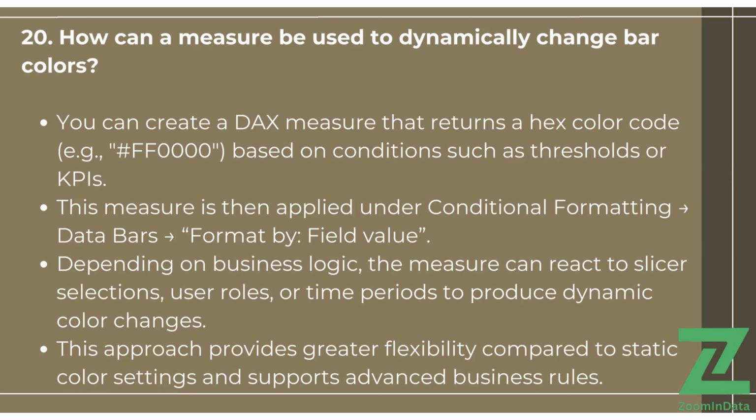This measure is then applied through conditional formatting under data bars using the option Format by Field Value. Based on the business logic, the measure can change colors dynamically according to slicer selections, user roles, or time periods. This method offers greater flexibility when compared to static color settings and allows implementation of advanced business rules.